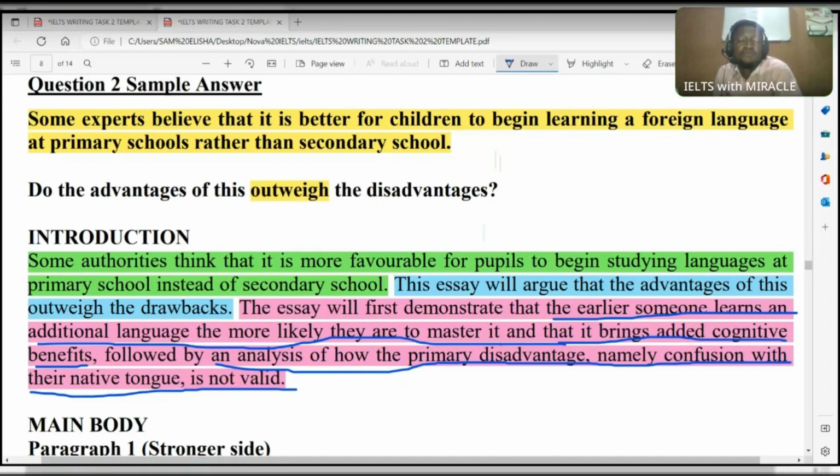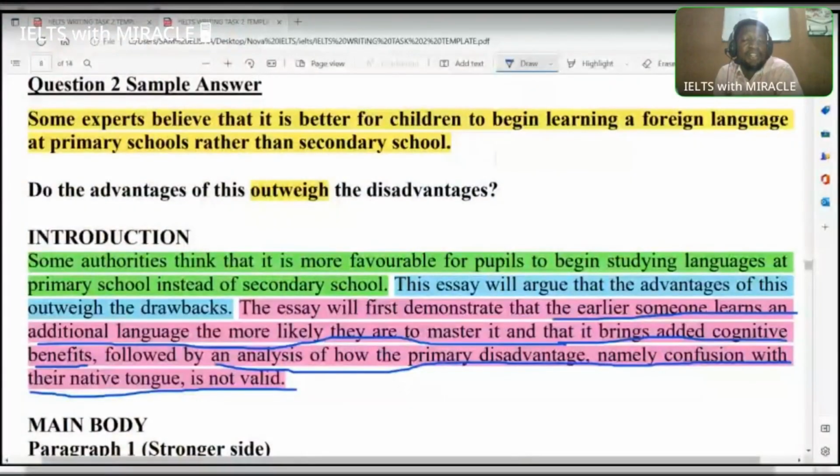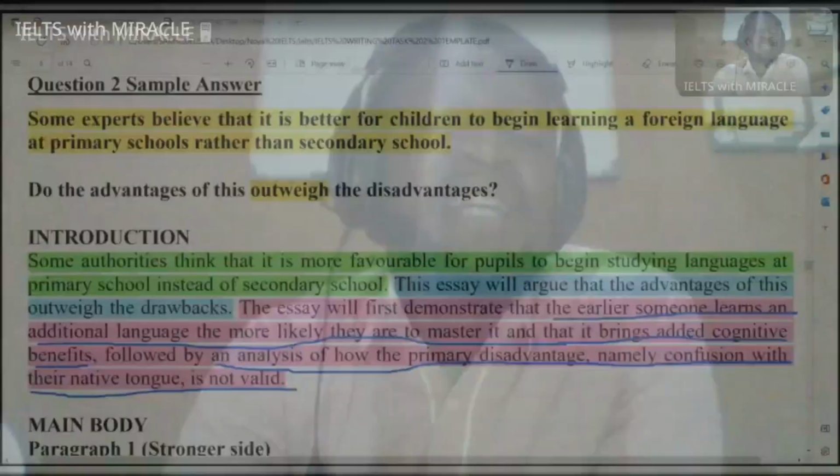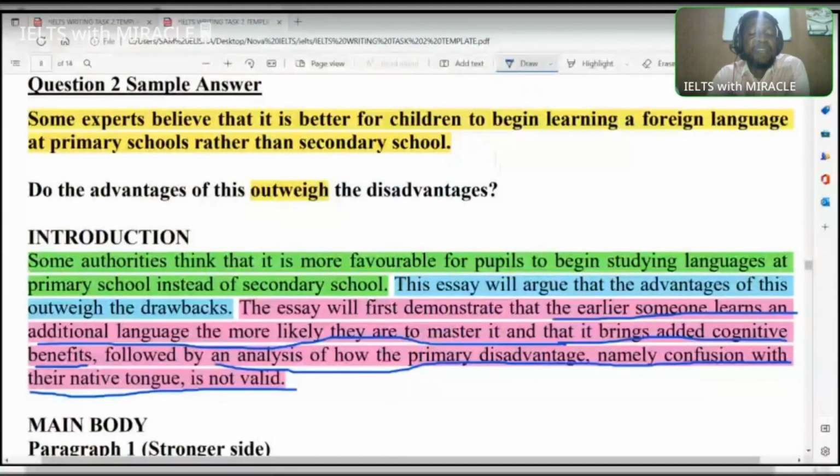Then, if you look at the pink marker, it tells you the points that will be discussed. The essay will first demonstrate that the earlier someone learns an additional language, the more likely they are to master it, and that it brings added cognitive benefits, followed by an analysis of how the primary disadvantage, namely confusion with their native tongue, is not valid.